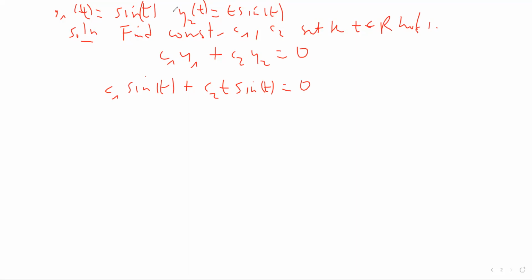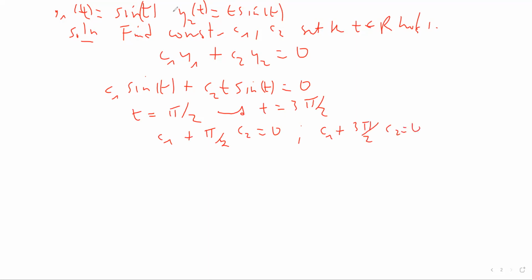So if we take t to be pi over 2, and then t to be 3/2 of pi, then we will have C1 plus pi over 2 of C2 is 0, and C1 plus 3/2 of pi C2 is 0.